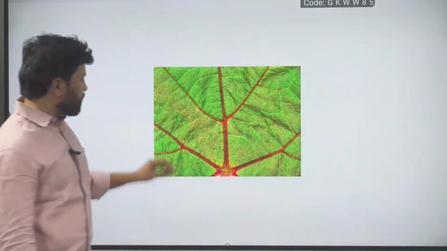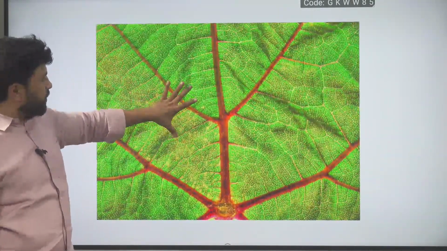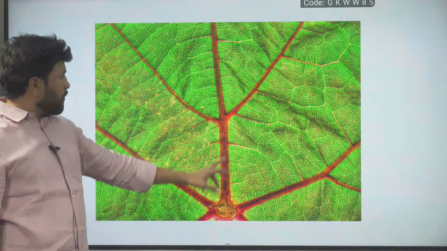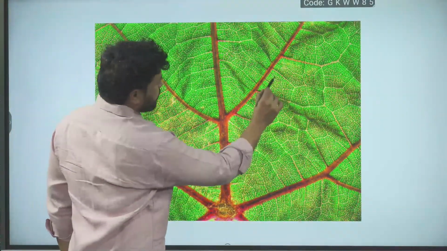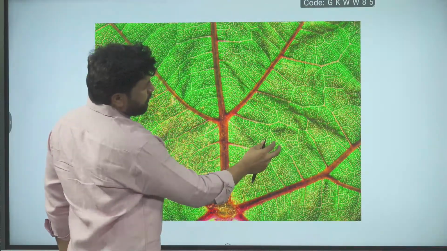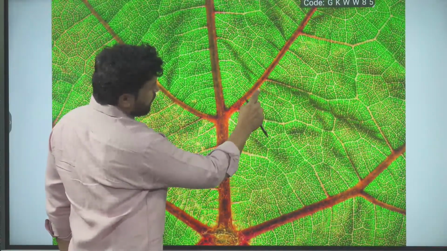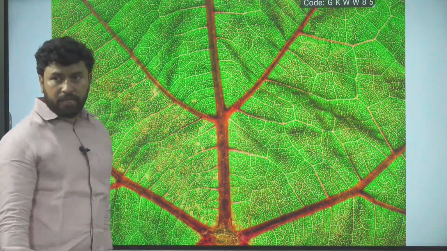In this leaf you can identify the main vein going, and it has veins. You can see that they are creating a network-like structure inside the leaf.